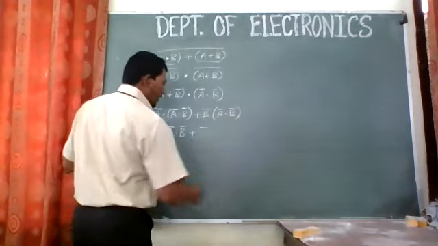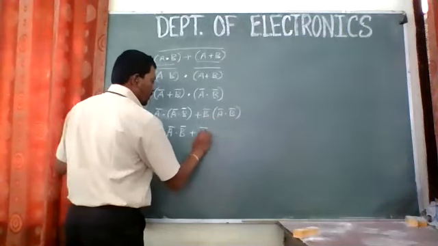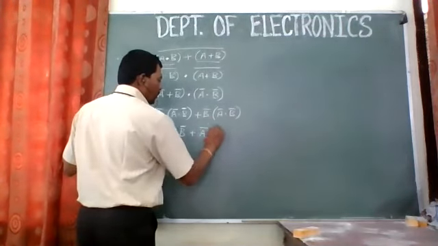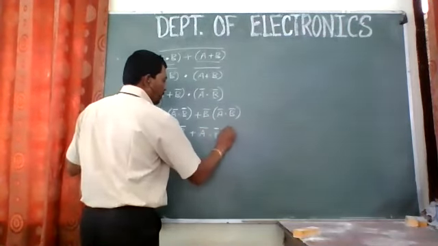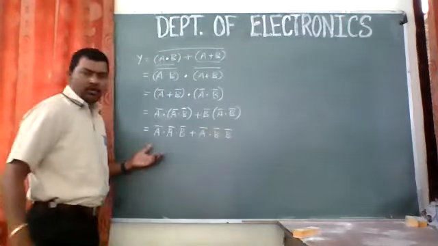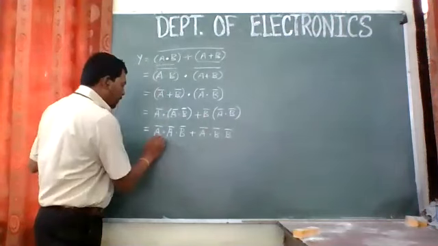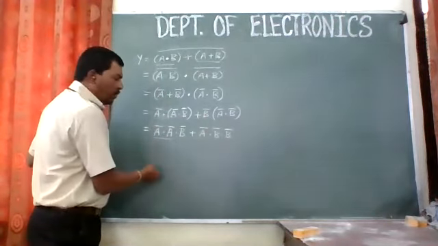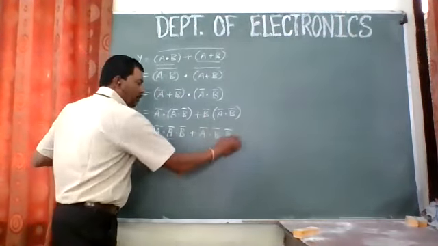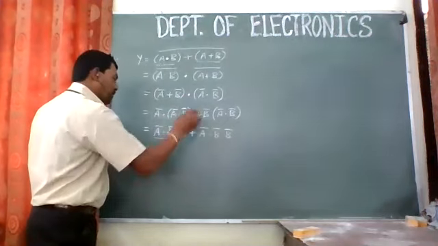Just an arrangement of variables. So I can write A complement dot B complement dot B complement. That is the commutative law, right? So I'm writing it like this. A complement dot A complement will give you A complement. B complement dot B complement, you will get B complement.